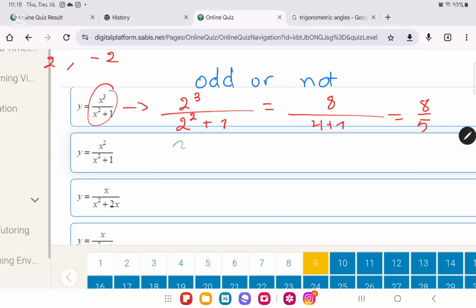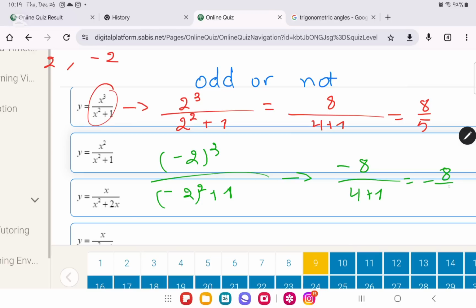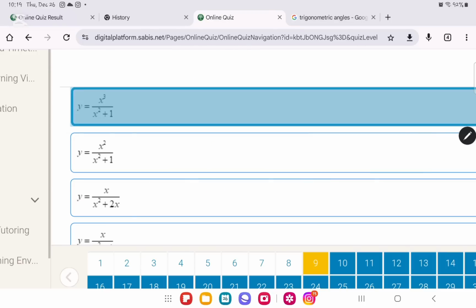So it becomes minus 2 to the power of 3 divided by minus 2 to the power of 2 plus 1, which gives us minus 8 divided by 4 plus 1, which is minus 8 over 5. If you noticed, they gave us the same number but different signs. That means definitely it is odd.